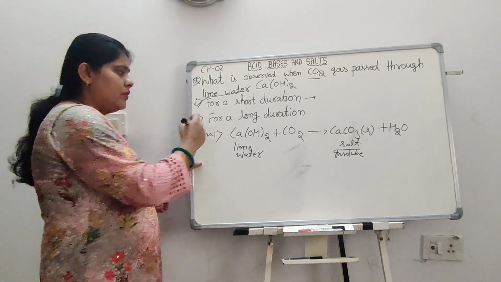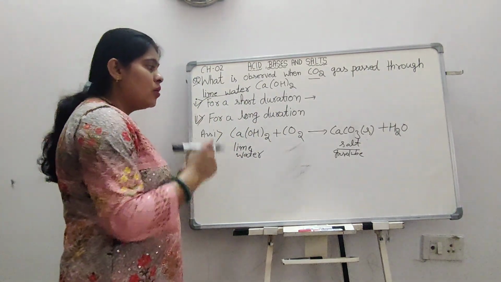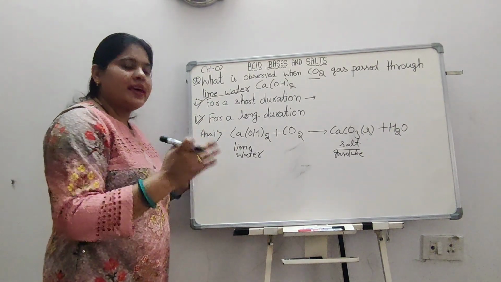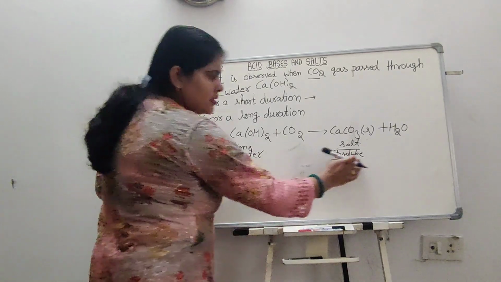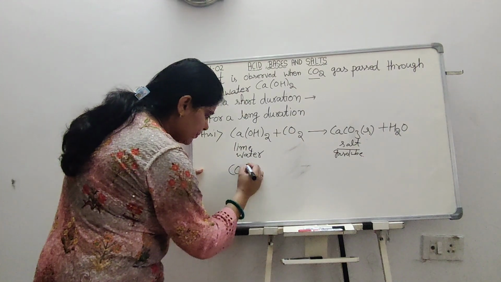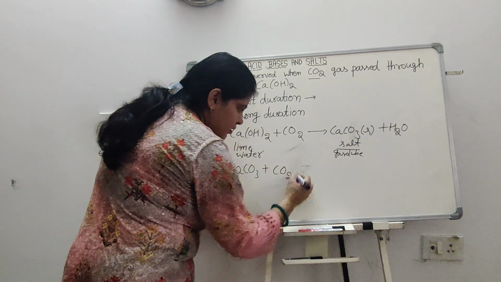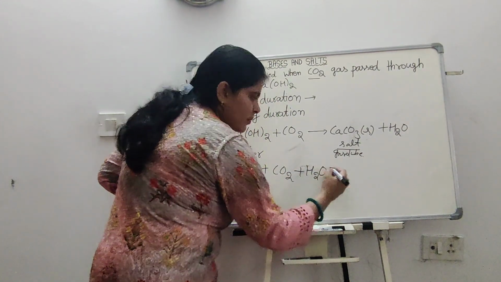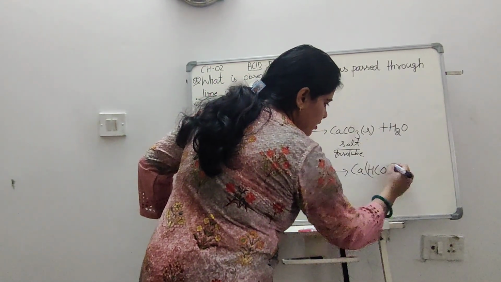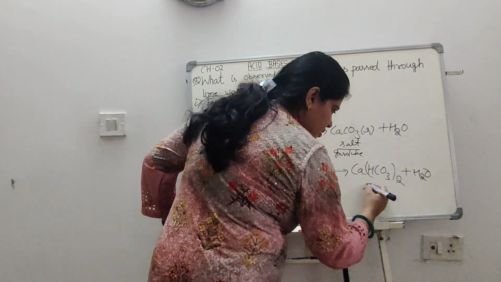Now when you pass carbon dioxide gas for a long duration, it means you are passing carbon dioxide in excess amount, then this calcium carbonate reacts with that carbon dioxide and water and forms soluble calcium hydrogen carbonate, Ca(HCO3)2, and it is soluble.